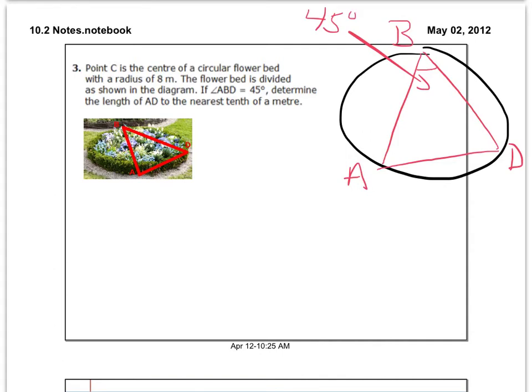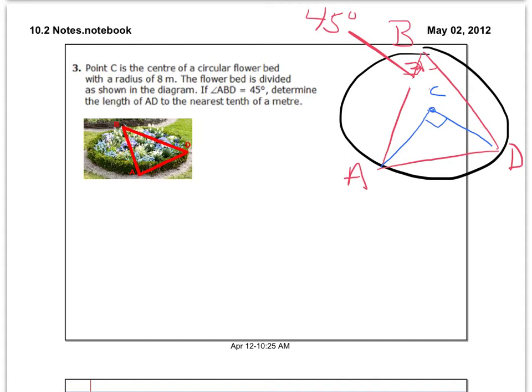Okay, and they also tell you you have a central point at C. So knowing what we did in 10.1 for inscribed versus central angles, that leaves you with a central angle connecting A and D. So if your inscribed angle, which I guess actually points up to there, is 45, to go from inscribed to central, you will multiply by 2, which makes the angle at the center a 90-degree right angle. So now we're back to Pythagoras again, which is everyone's new favorite.